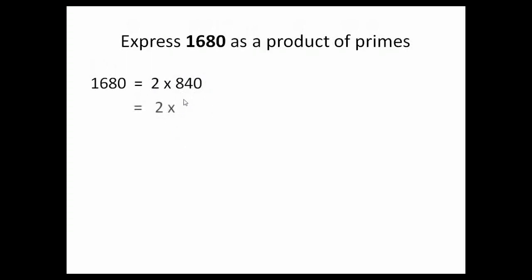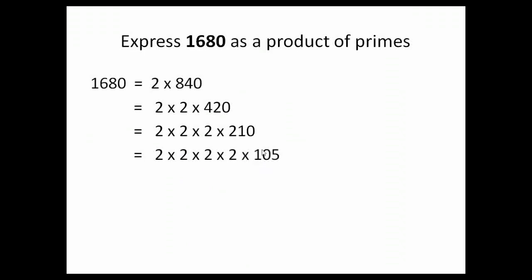So we can write 2 here and then 2 times 420 will give us 840. Then further we carry down these two and write 2 multiplied by 210, which will give us 420. Then similarly we can multiply 2 into 105, which will give us 210.